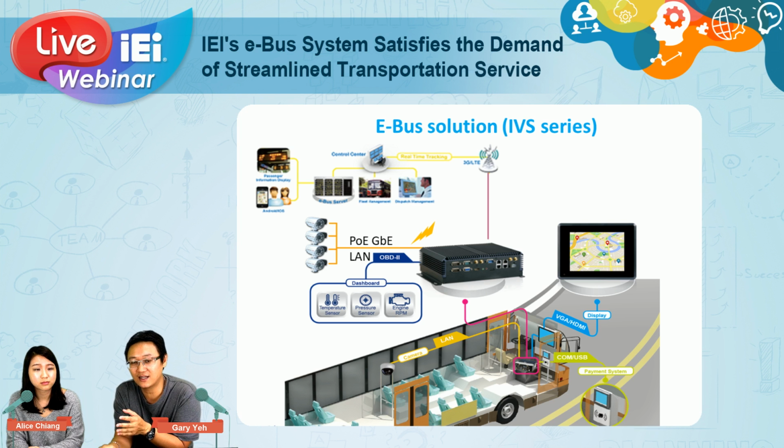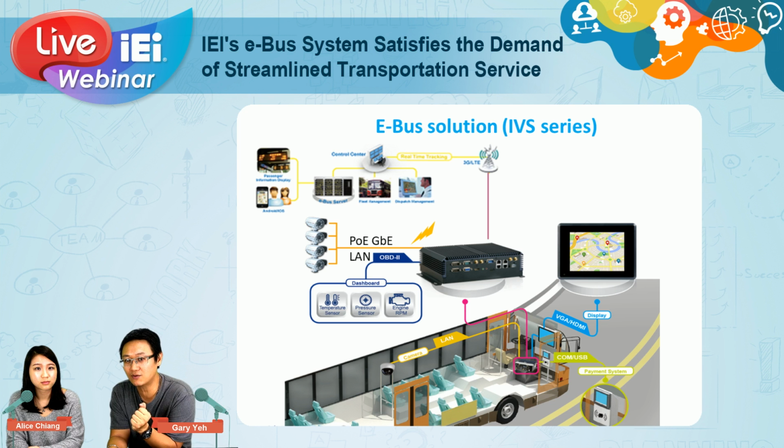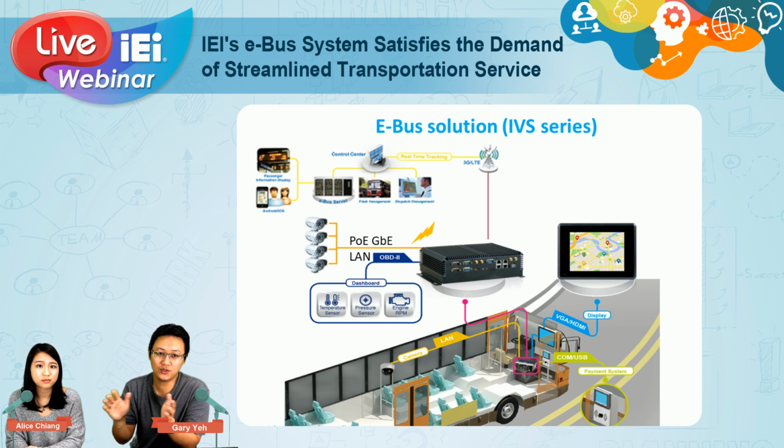And we can connect with two monitors and do some passenger entertainment. We also support COM port or USB port for the payment system. And all built into one box, you can do everything.